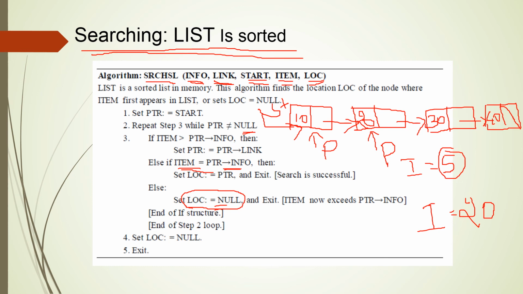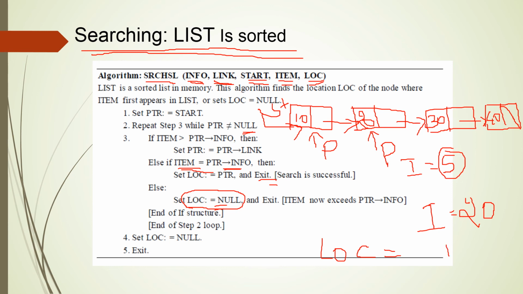The condition is true, then set LOC is equal to PTR. So the variable LOC receives the value of PTR, which means the address of the node which contains the element 20. That will be returned. The function will be terminated and it will return the base address of the node which contains the value 20.